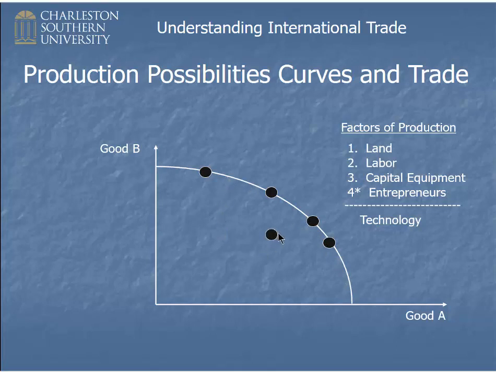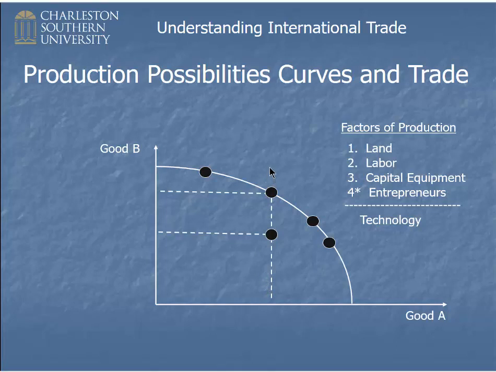Any point on the inside of the curve would represent a combination of good A and good B that is insufficient to utilize all of our resources. For example, you could produce here, but you would have resources left over if you wanted to get all the way up to here and have more good B without sacrificing any good A.